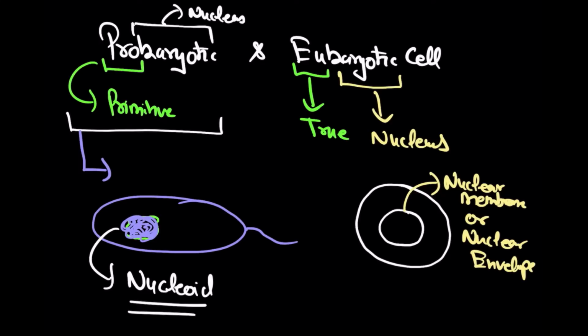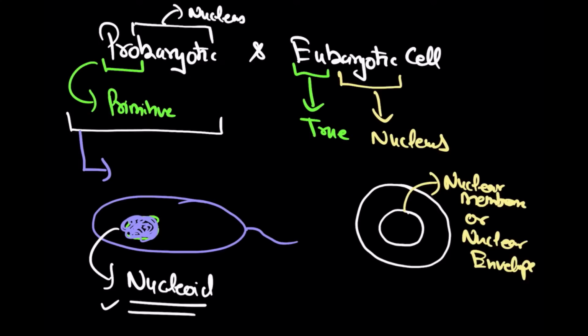So this is one major difference. In case of prokaryotic cell, nucleus is absent and you see nucleoid. In case of eukaryotic cell, you see a membrane bound true nucleus.